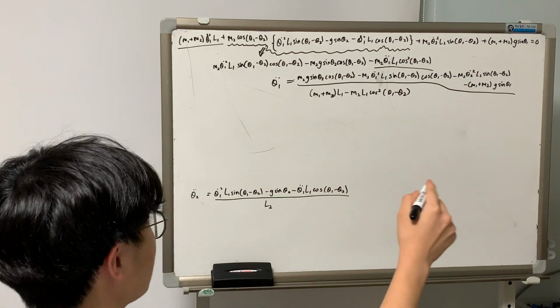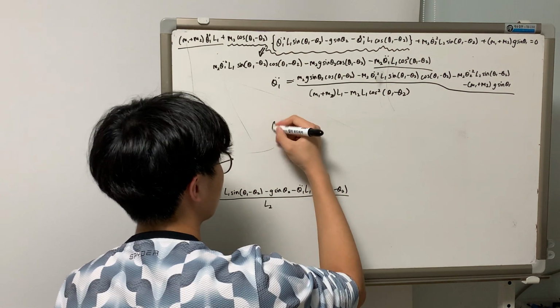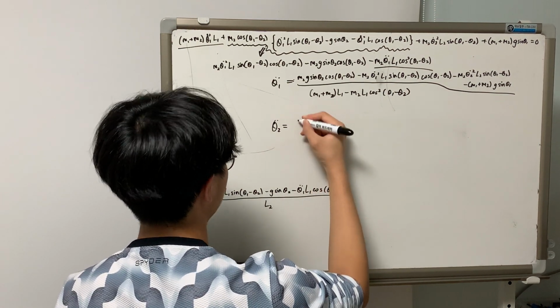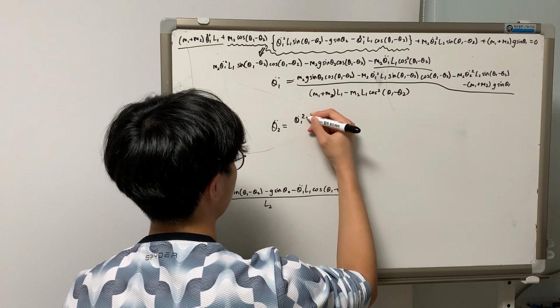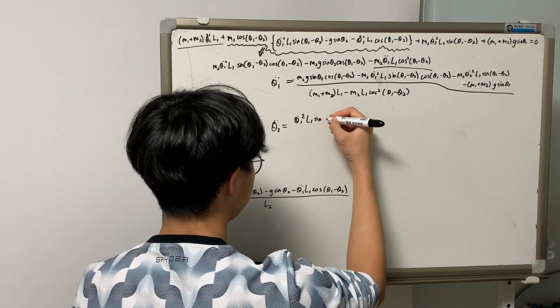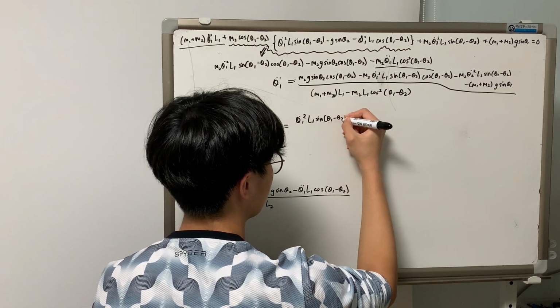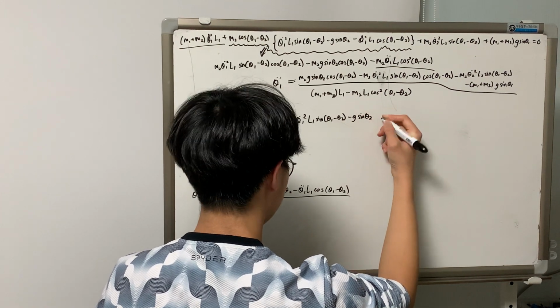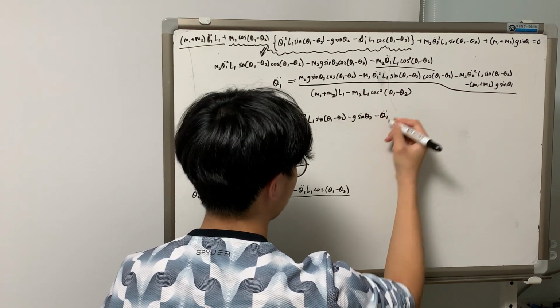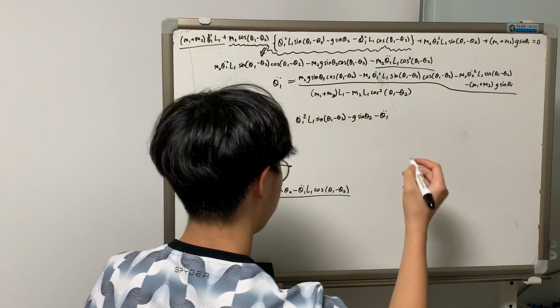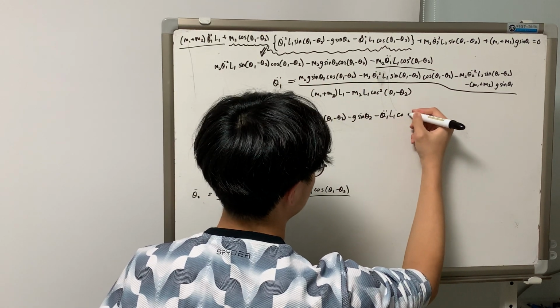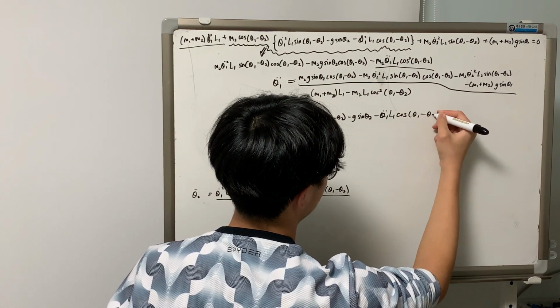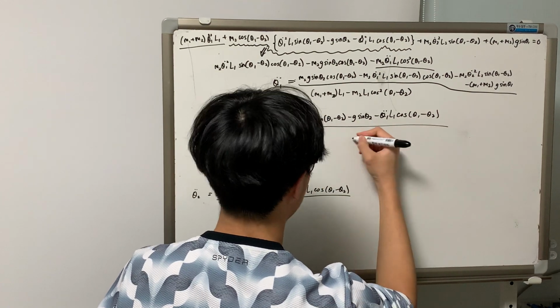This is my first equation for theta 1 double dot, and for theta 2 double dot, I'm going to have theta 1 dot squared L1 sine theta 1 minus theta 2 minus G sine of theta 2 minus theta 1 double dot, which is this value here, L1 cosine of theta 1 minus theta 2, over L2.